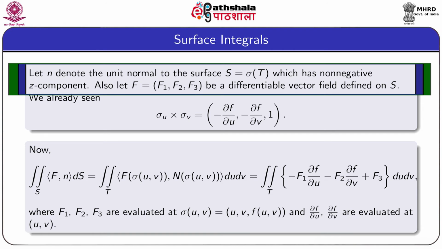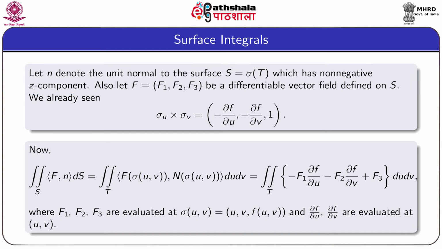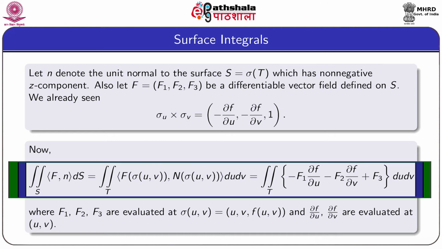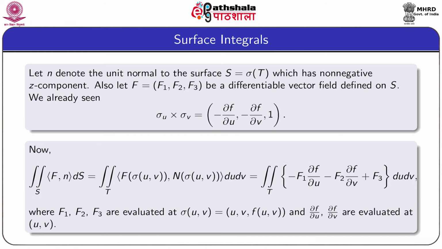Also, let F equal to (f1, f2, f3) be a differentiable vector field defined on S. We have already seen sigma_u cross sigma_v equal to (minus ∂f/∂u, minus ∂f/∂v, 1). Now, the surface integral over S of the inner product F·n dS equals the double integral over T of the inner product of F(sigma(u,v)) and n(sigma(u,v)) du dv.